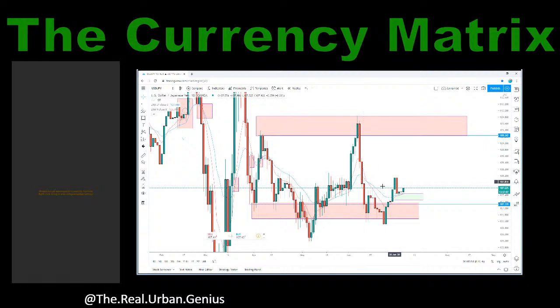So with that being said, we have the bullish activity coming from this zone.